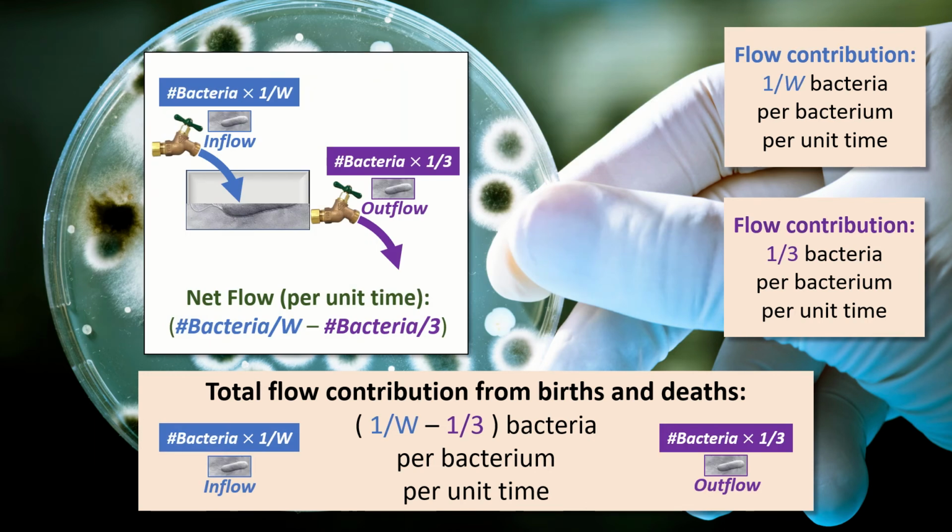This is a cartoon example of what we're implementing in the spreadsheet: we've got number of bacteria currently times 1 over W, and number of bacteria currently times 1 over 3. That's the inflow, that's the outflow. In our spreadsheet, we're going to add that minus that, and then that whole thing gets multiplied by our little dt time step to find out how much action happened in the tiny little time window.